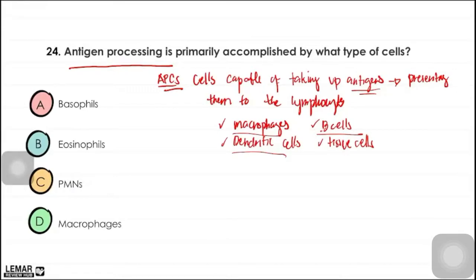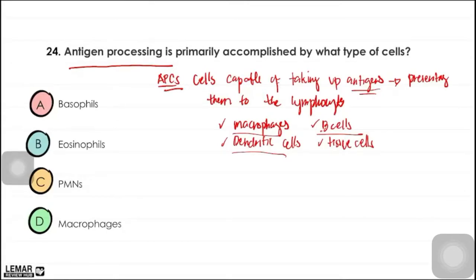So we have your macrophages. Your macrophages, along with the network of reticular cells of the spleen, thymus, and other lymphoid tissues, are organized into the mononuclear phagocyte system.